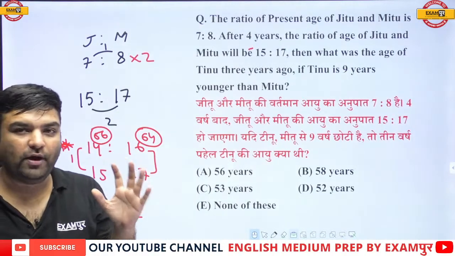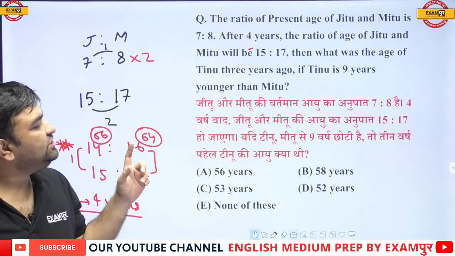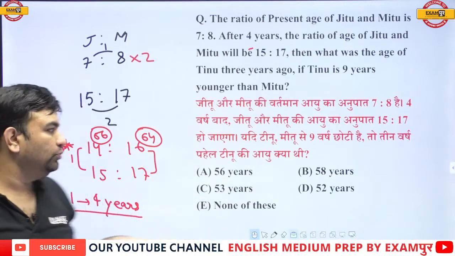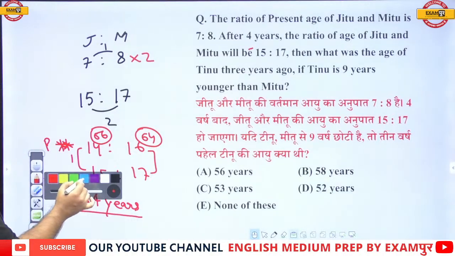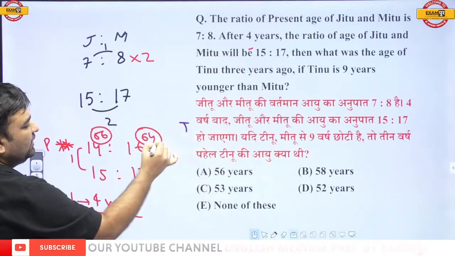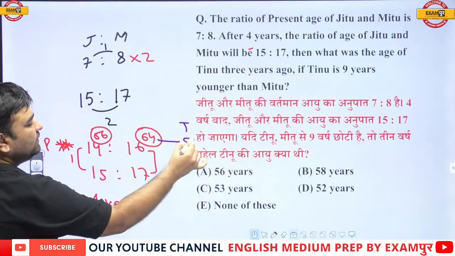Now there is an introduction of one more person, which is Tinu. Tinu is 9 years younger to Mitu. So Tinu is 9 years younger means 55.